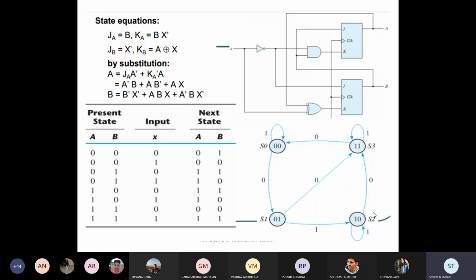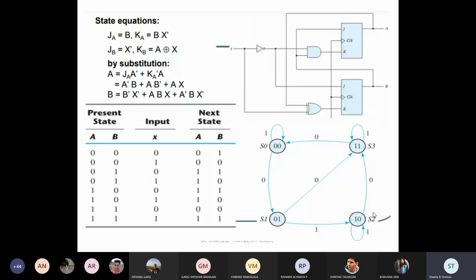One thing you should be able to remember. For example, let me take one example. Like if both A and B are 0, 0. Okay, both A and B are 0, 0. So you just see the equation of A. J A complement. A and B is 0, 0.